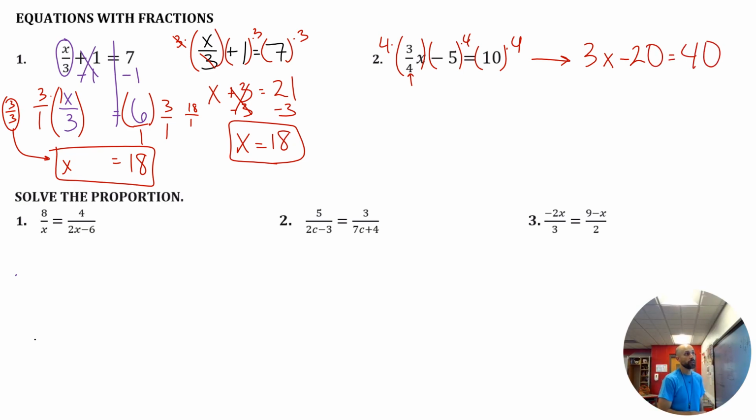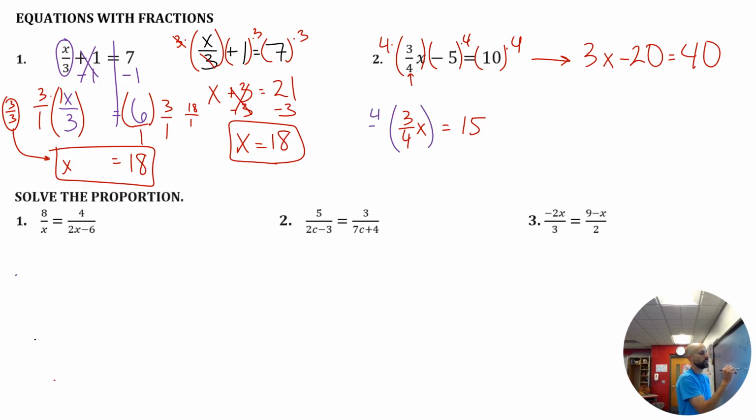So that's one method. Or what you could do is add 5 to both sides and start with 3 over 4x. If I add 5 to both sides, then that is now equal to 15. So these, again, are the 2 methods in solving an equation that has fractions like this in it. Either way you do it, you'll end up with the same result.